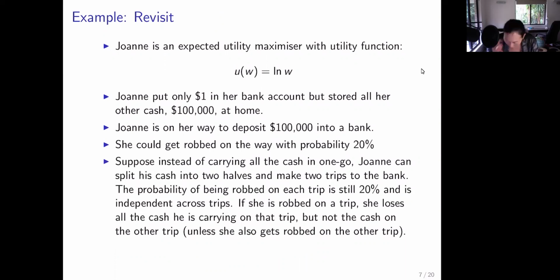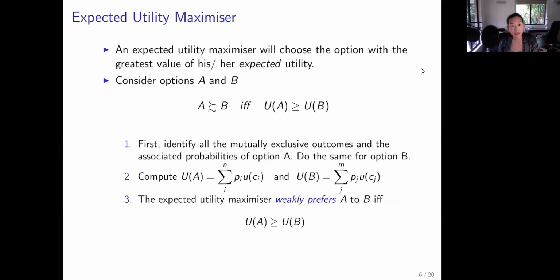Back to this. First, identify all the mutually exclusive outcomes and the probability of each option. Compute expected utility, then compare those values, and you will choose whichever has a higher expected utility value.